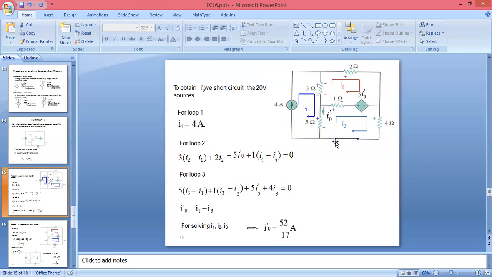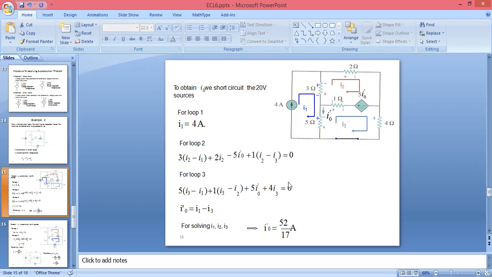For loop 3, the third current, we are considering here a short circuit. What we will do: in this 1 ohm, I3 is going out, I2 is outgoing, so we are taking it as negative, and I3 is incoming, clockwise in this 1 ohm, so we are taking it as positive. For this 5 ohm, you can see I3 is incoming but I1 is outgoing, so I3 minus I1 for the 5 ohm. And here the value of current is directly given, 5I0, we are taking as it is, positive. For 4 ohm only I3 is going and it has clockwise direction, positive, so we can take plus 4I3.